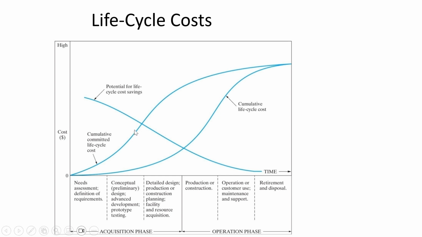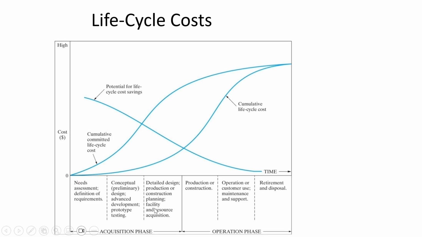The other ones are showing the cumulative life cycle cost. And so the first leading curve is the cumulative committed life cycle cost. And so that's about what money you've decided to spend. Not that you've actually spent it yet, but the decisions you've made and what you're locked into.